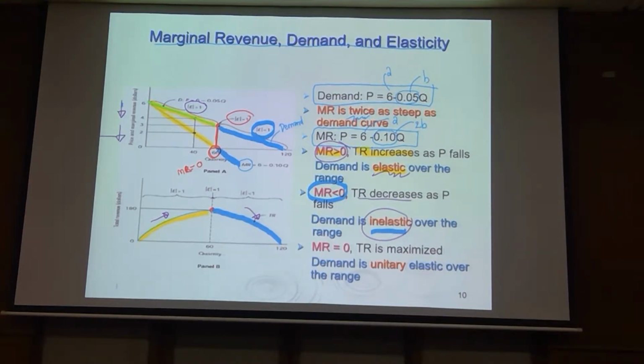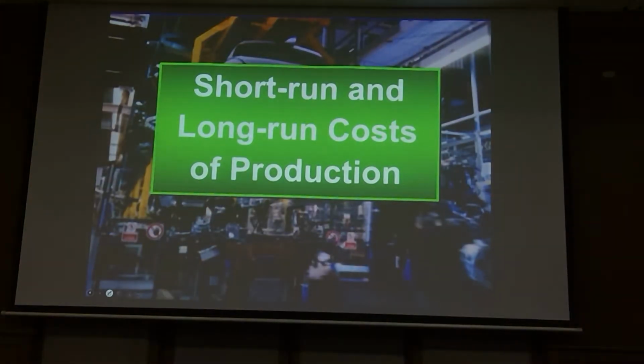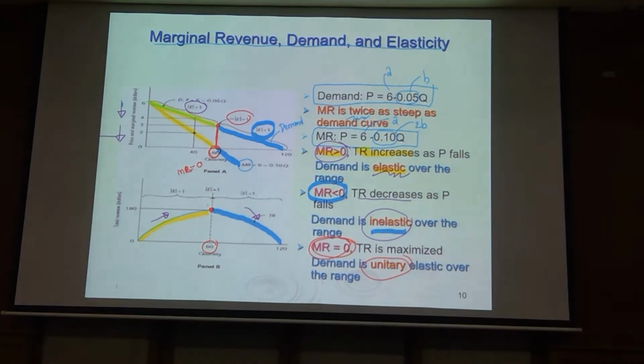So over there, if you price your product where demand is unit elastic, marginal revenue is zero. Total revenue should be maximum.